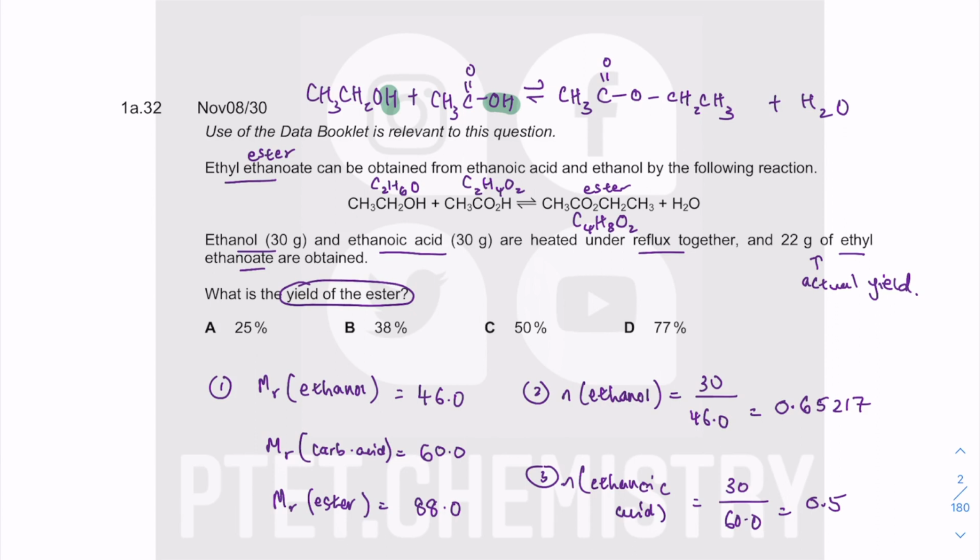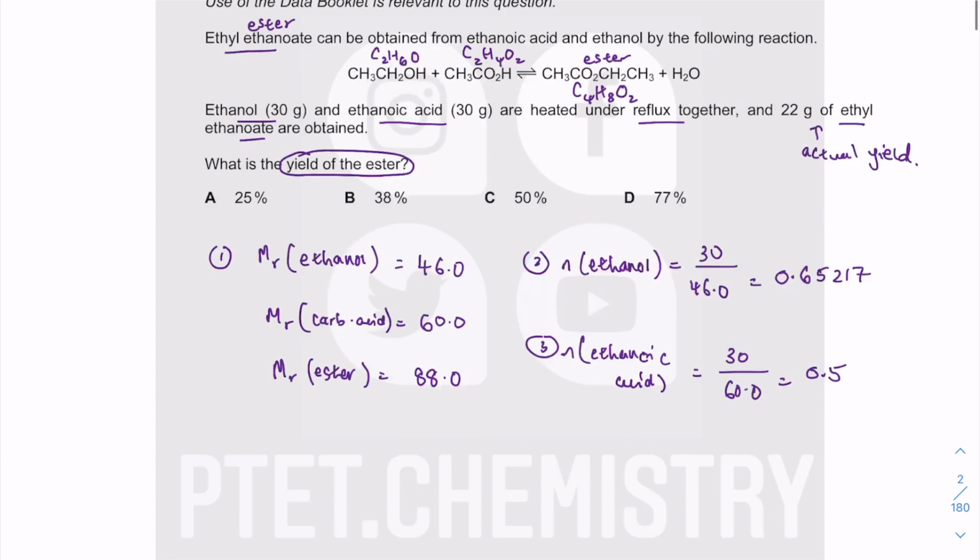So 1 mole of ethanoic acid reacts with 1 mole of ethanol. 0.5 mole of ethanoic acid would only react with 0.5 mole of ethanol. So based on that reasoning, which you could be asked in a theory paper, since this is greater than 0.50 mole, and because the mole ratio is 1:1, therefore ethanol is in excess. All right.